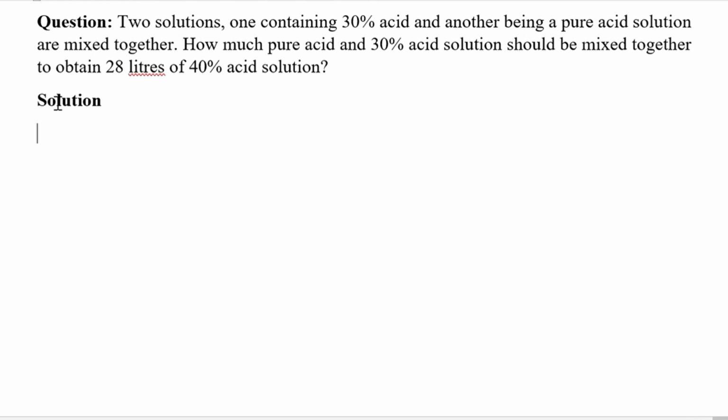Now, the first thing we do is to have variables to represent these two types of liquids.